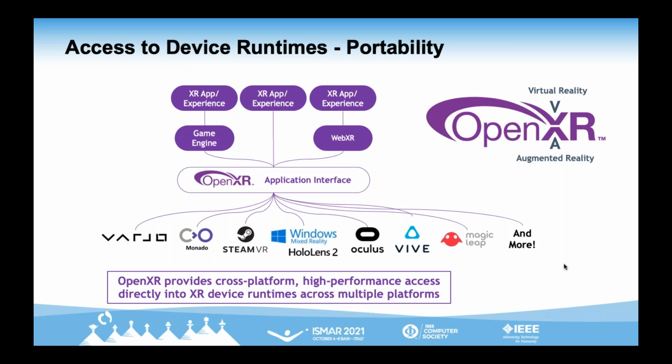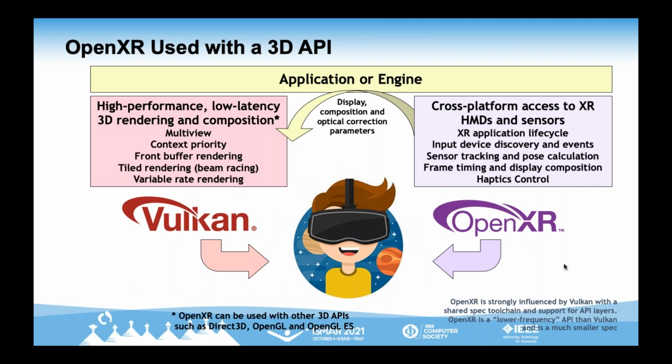This gives them cross-platform and high-performance access to any device that supports the OpenXR specification. It is getting a great deal of traction, so it's widely adopted at this time. It's also an active working group, and there are always changes to the repo and discussions among the members.